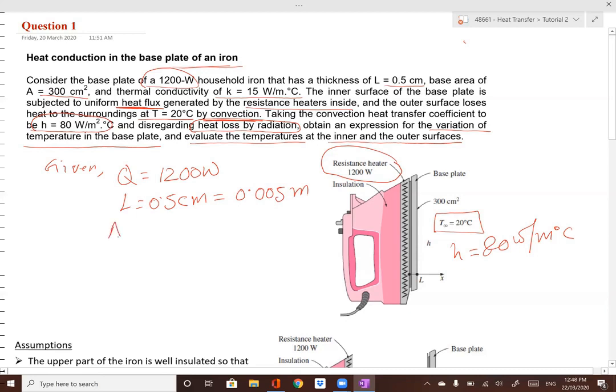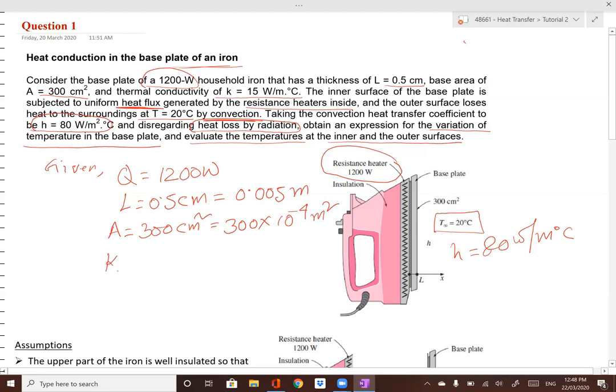The area given is 300 centimeter square, so we convert to meter square: 300 times 10 to the power of minus 4 meter square.